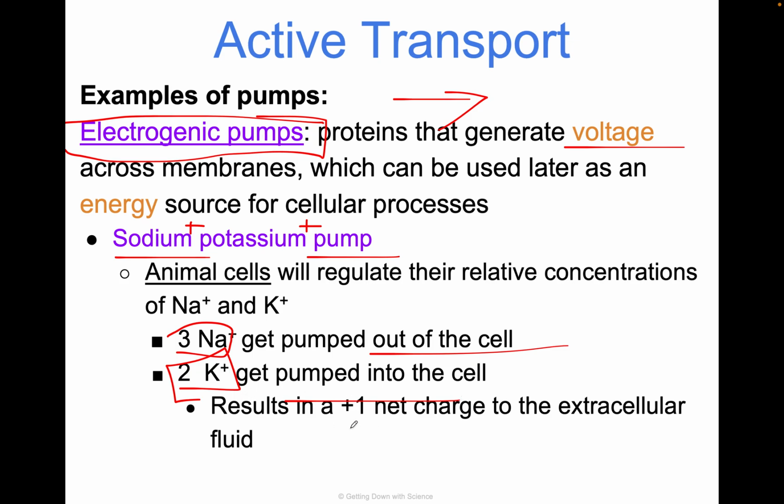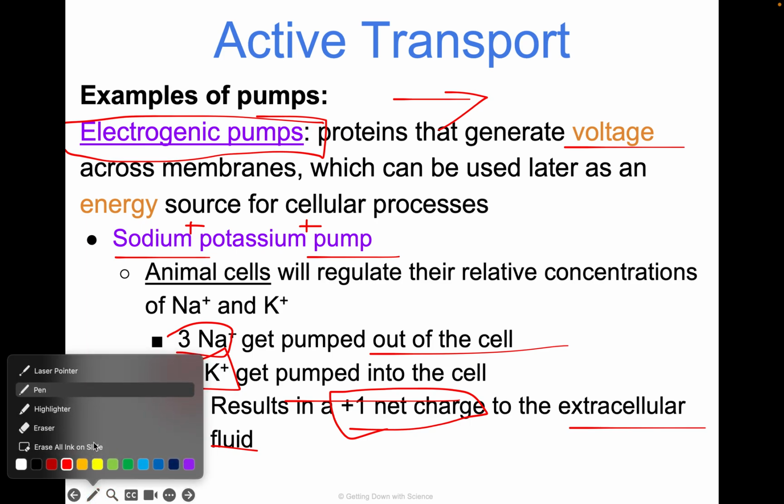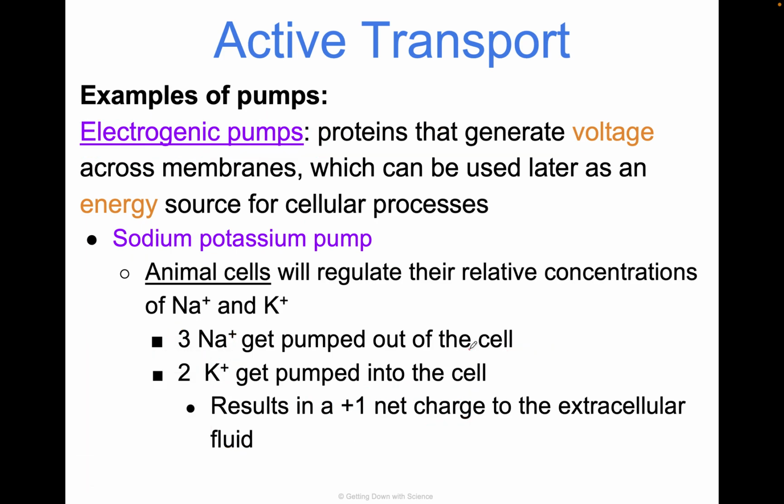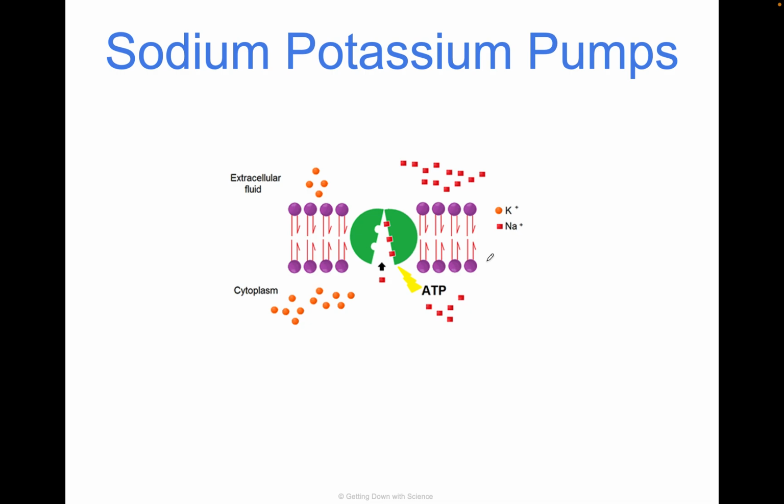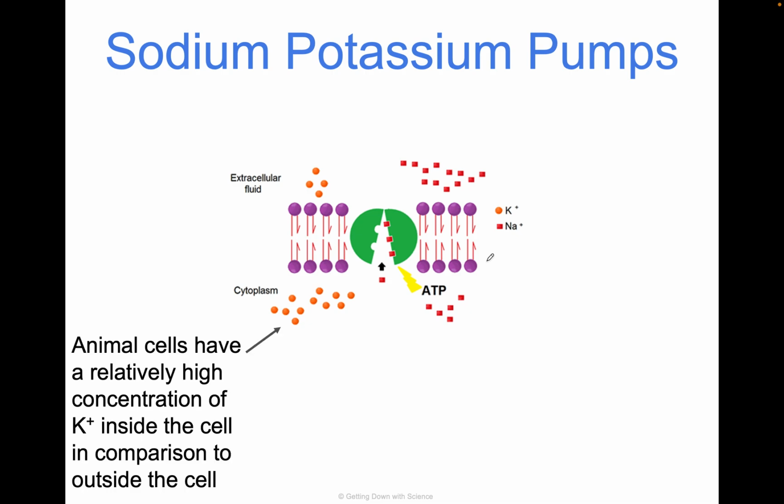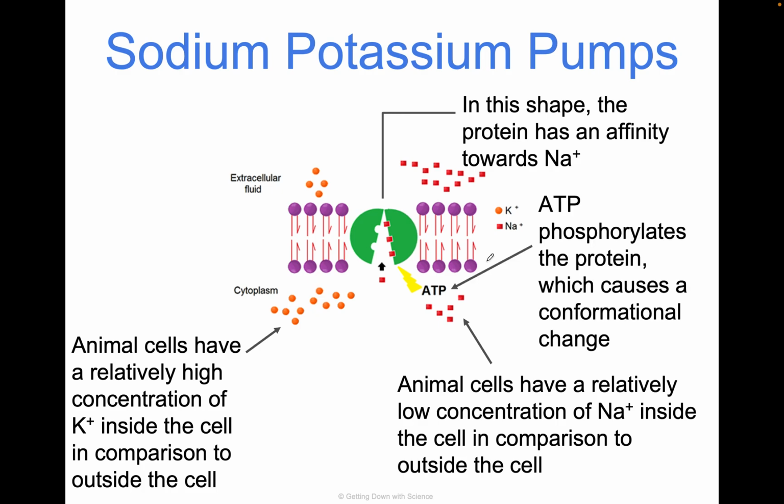And what this does is it creates this charge, this +1, this positive charge to the extracellular fluid, and then boom, we can set off that charge and something happens, right? So this is sort of a way that cells get some kind of electricity. These are the electrogenic pumps. It's kind of a wicked cool process. Again, I'm kind of obsessed with it. So let me just dump this on you.